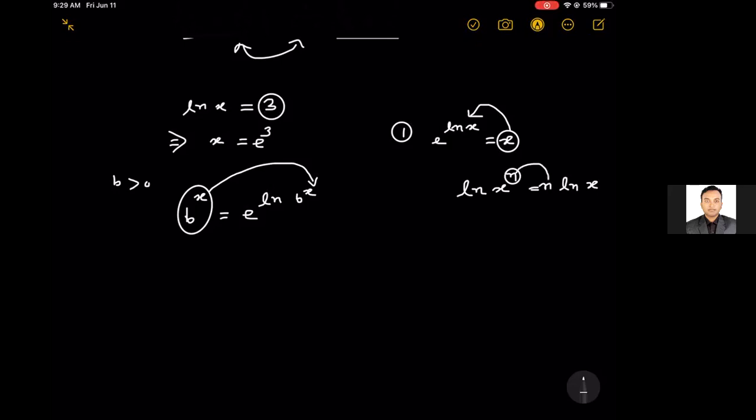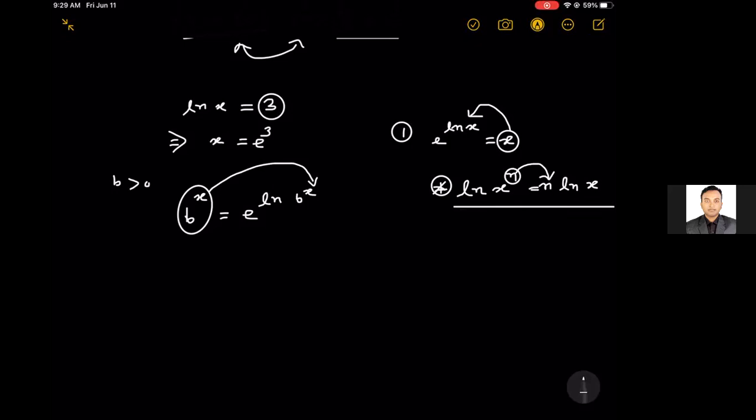The exponent comes in front. This is one of the basic properties of logarithm, right? And you have definitely seen it in the algebra class. If you can't remember, no worries. You can refresh your memory now. This is the property, okay?